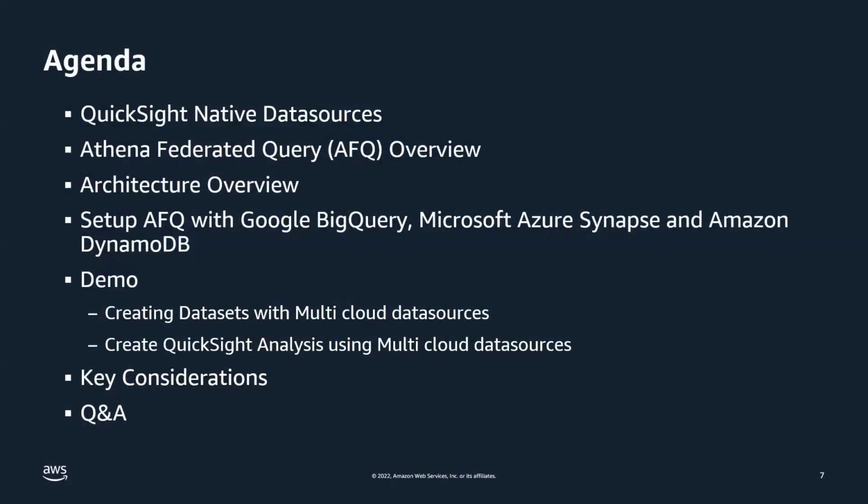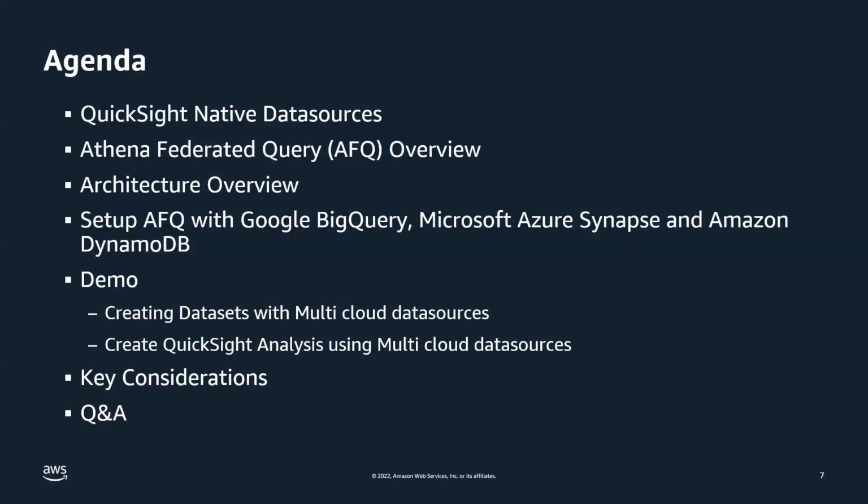So for today's agenda, we will be quickly covering all the QuickSight native data sources. We will go through an overview of Athena Federated query, which we refer to as AFQ. We'll quickly do an architecture overview of what we are demoing and presenting today. Set up AFQ with Google BigQuery, with Microsoft Azure Synapse, and Amazon DynamoDB.